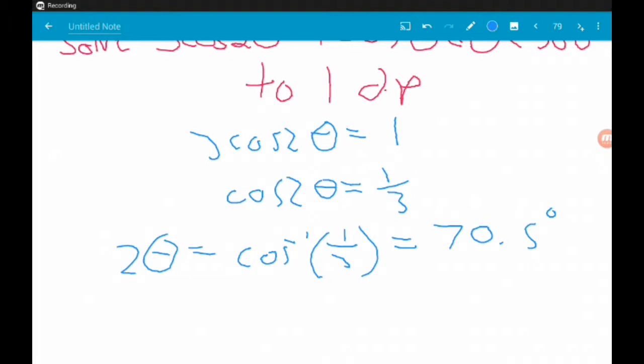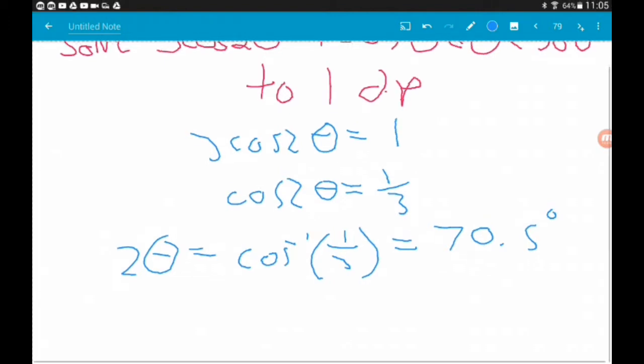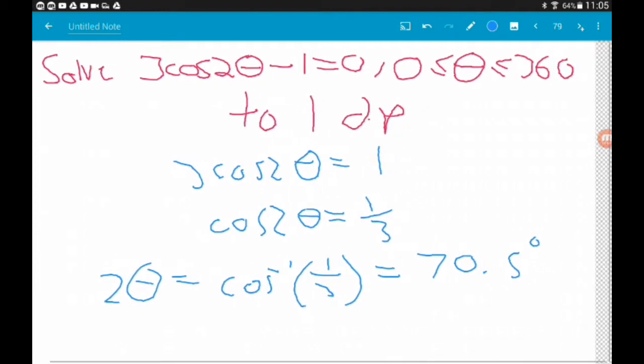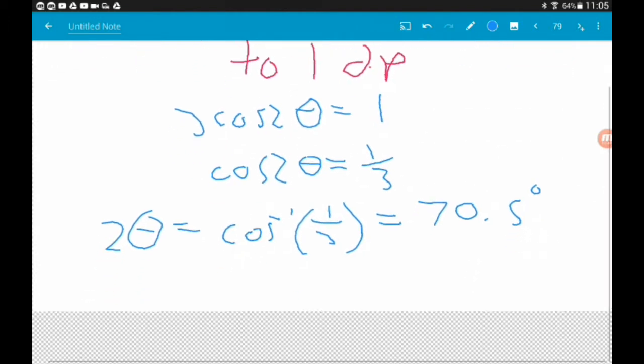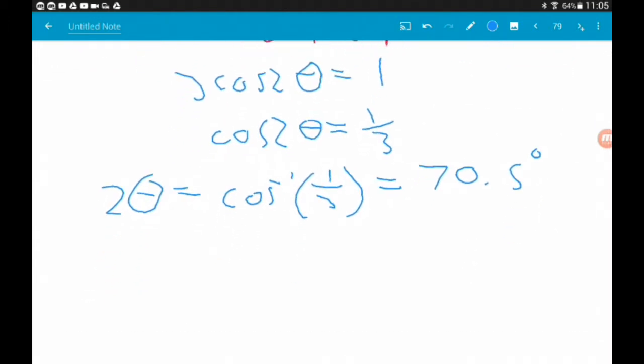Okay, so we're going to use the same method as before where we change the interval. So we want values of theta between 0 and 360, but we've got cos of 2 theta. So if we multiply that whole interval by 2, we want 0 is less than or equal to 2 theta, which is less than or equal to 720.